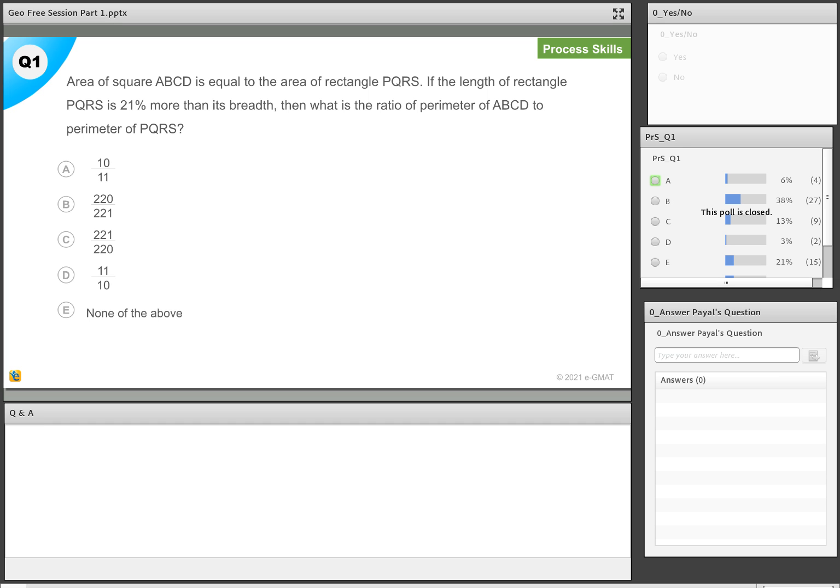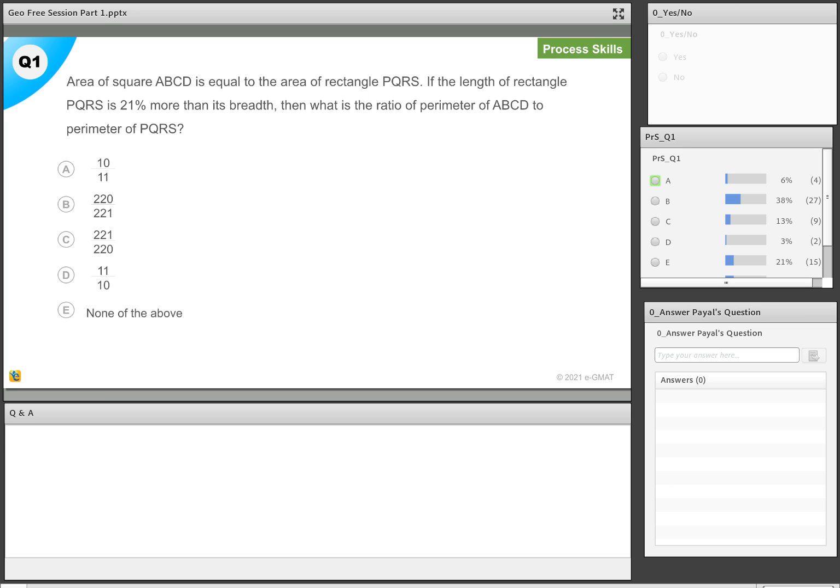Okay, so here are the results. Choice B is the correct answer. And we see that only 38% of the class was able to solve this question correctly. I do have a hypothesis as to why not that many people have been able to answer this question accurately.